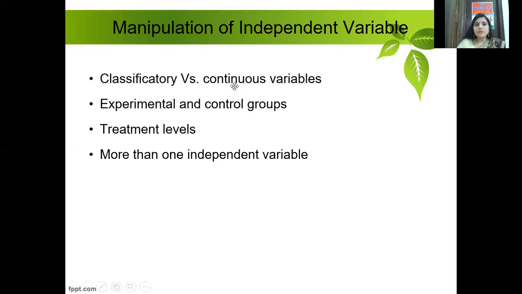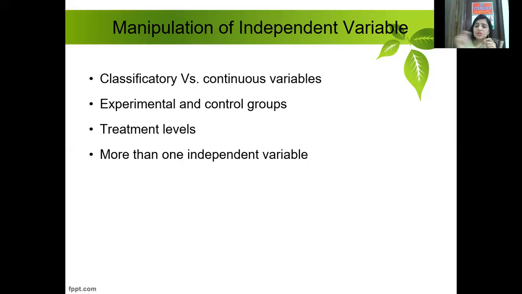Then the manipulated independent variable can be classificatory versus continuous. What do you mean by classificatory and what is continuous? For example, you are measuring a person's height. It is continuous: it starts from 0 and you can point to anything like 1.1, 1.2, 1.3 anywhere.